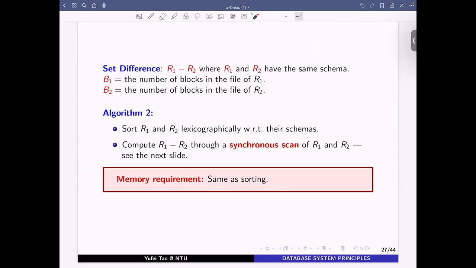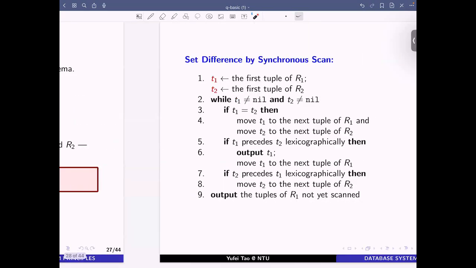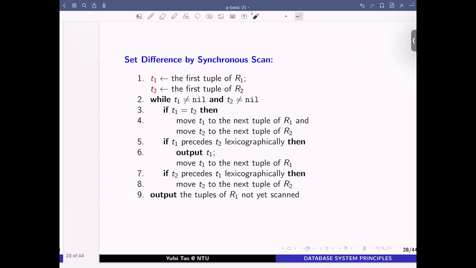So it's really elastic: at least 3 frames, but the more the better. Conceptually, there are only 2 steps in this algorithm. The first one is to sort R1 and R2. And then another one is to have a synchronous scan. The synchronous scan algorithm is explained on the next slide.